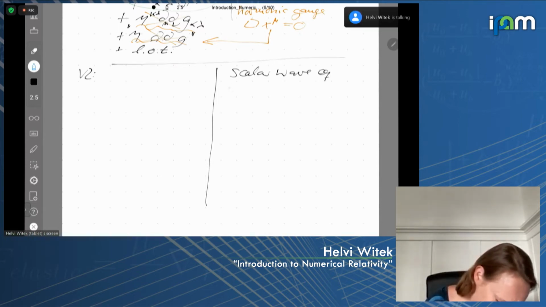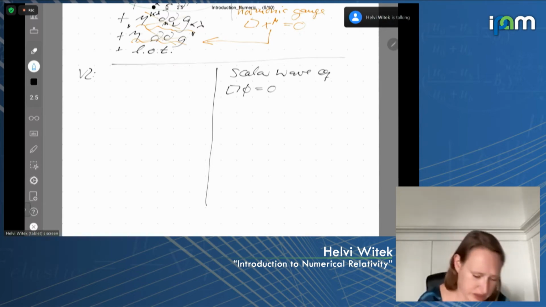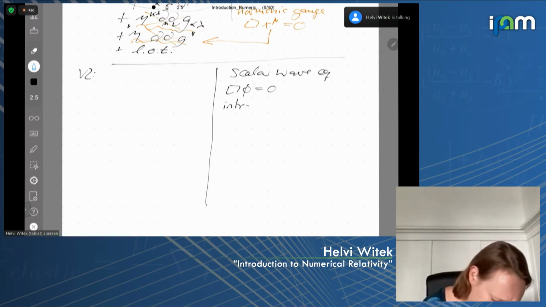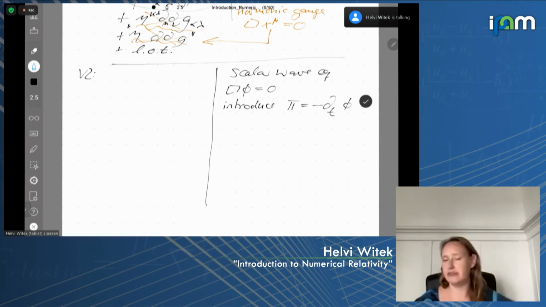If we have our wave equation here, we also perform a 3+1 split. So we will introduce a quantity, let me call it pi, equals minus the time derivative of phi, very analogous to what we did later on with extrinsic curvature.